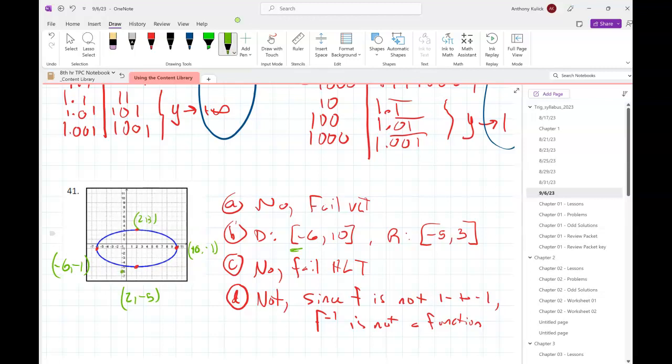Then (2, 3) becomes (3, 2). And (2, -5) becomes (-5, 2). And then (10, -1) becomes (-1, 10). If I connect those, there's my inverse.